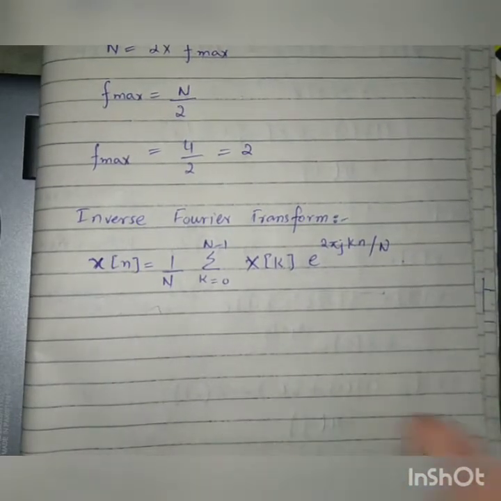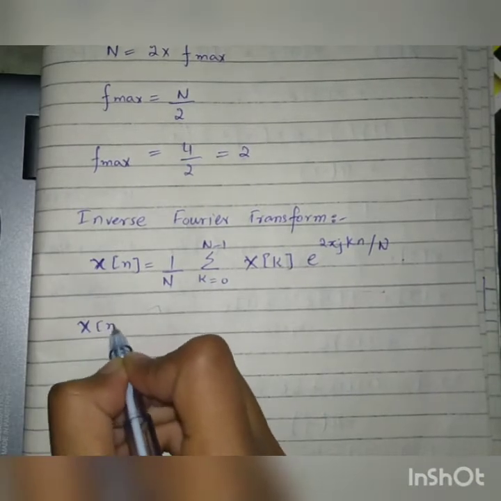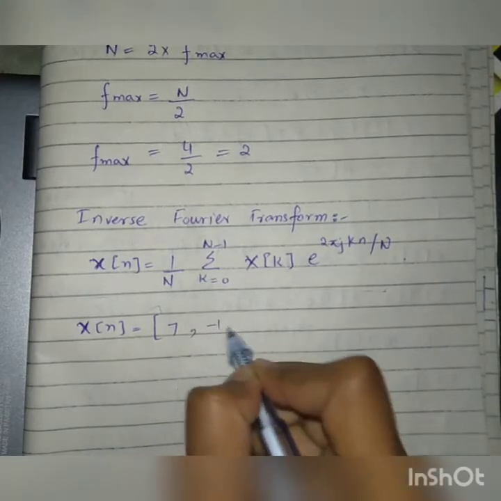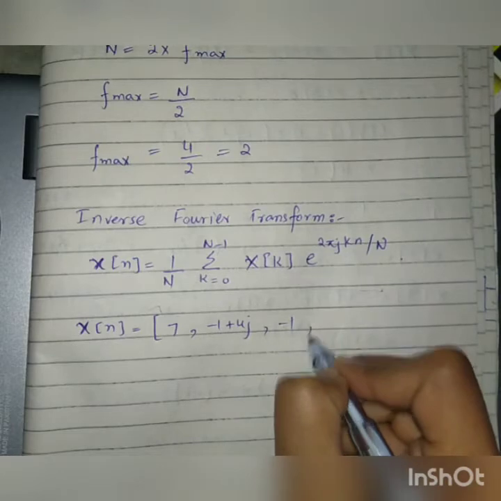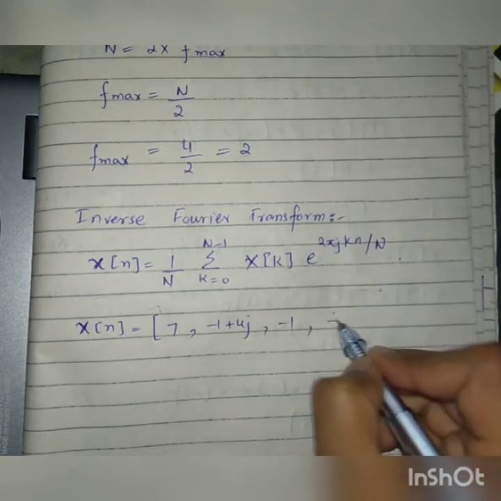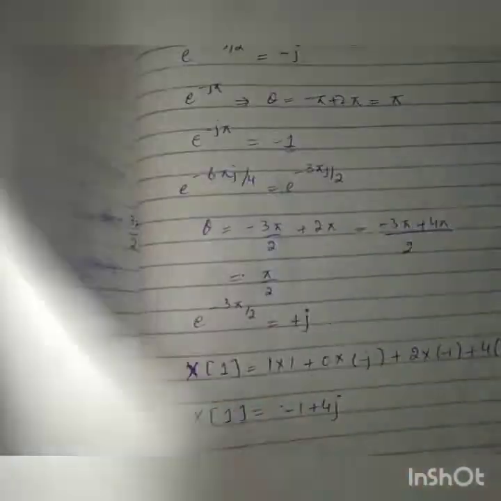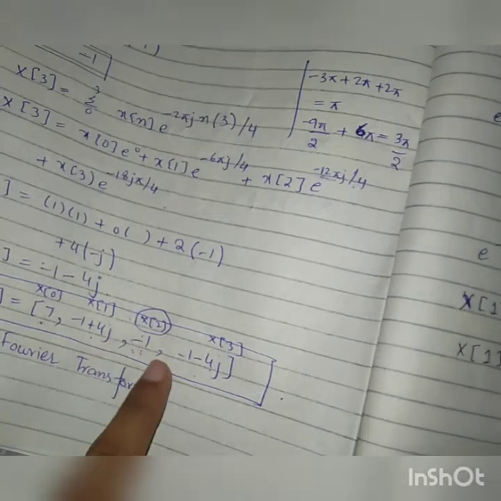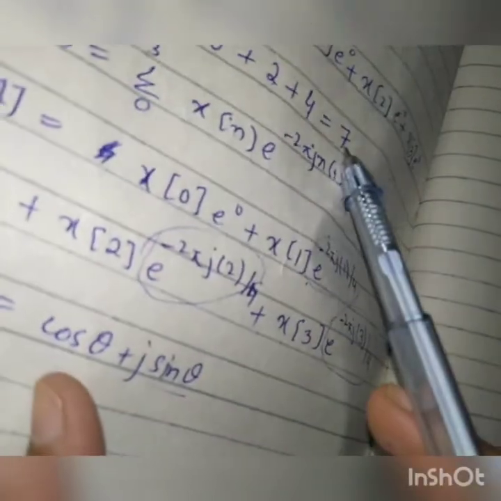Okay, now we had the signal x of n is equal to 7, minus 1 plus 4j, minus 1 and minus 1 minus 4j. Was this the function? Okay, 7, minus 1 plus 4j, minus 1, minus 1 minus 4j, and this was 7. Okay, fine.